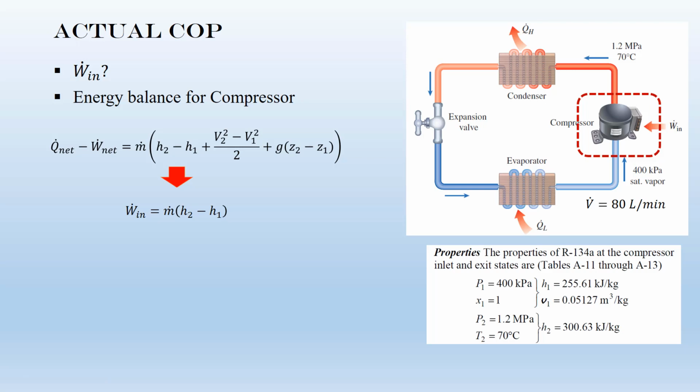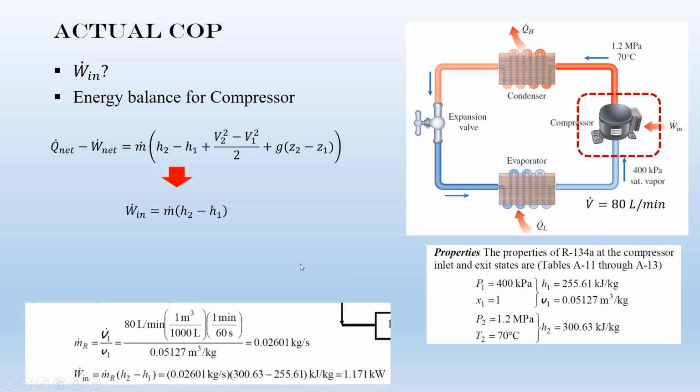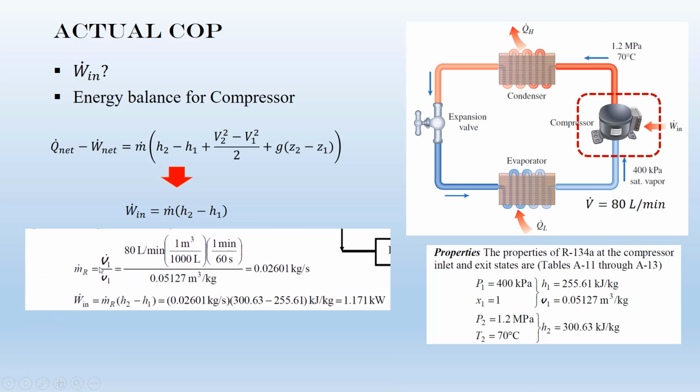Now you have H1, H2, and v1, and you also have the volumetric flow rate, so you can find m dot. Simply, m dot is the volumetric flow rate over v1. You need to convert the 80 liters per minute to cubic meters per second, and then you can find m dot. If you substitute H1, H2, and m dot into this equation, you can find W dot in.